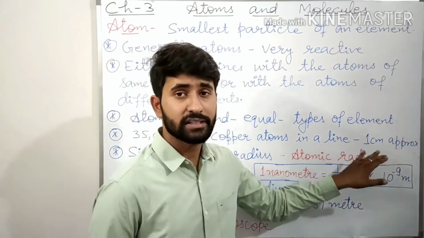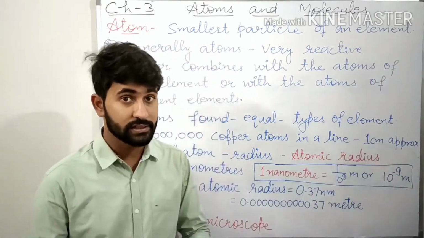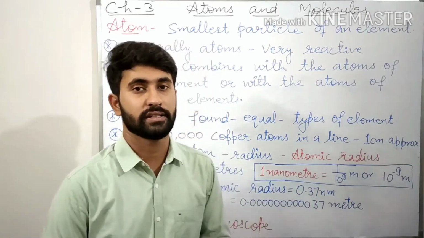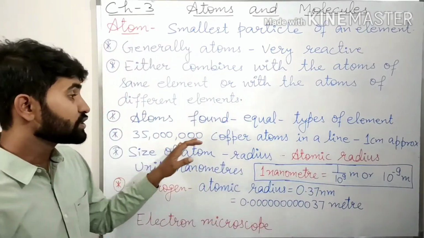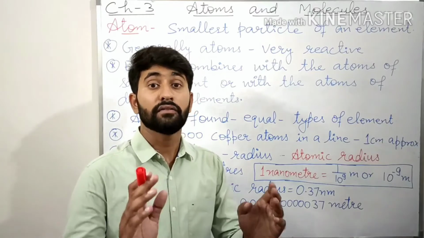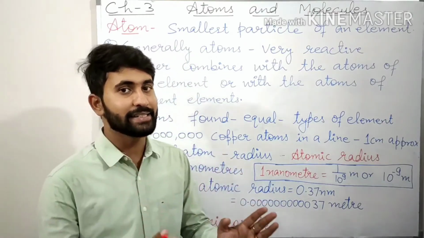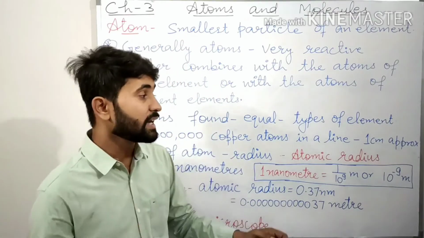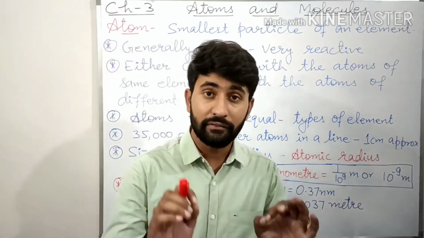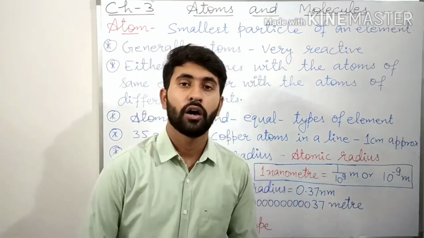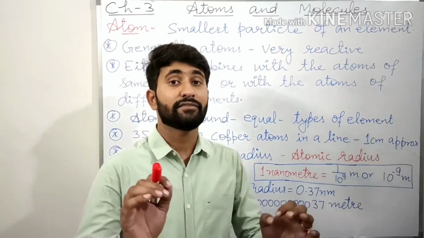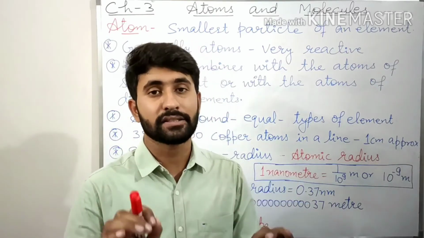Isn't it a very small distance? Yes, it is. So if this large number of atoms covers only 1 centimeter, then we can easily assume that the size of the atoms will be very small, or we can say extremely small.